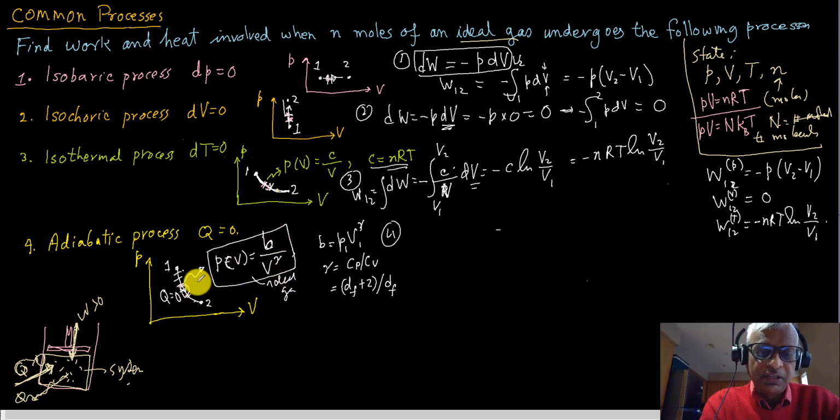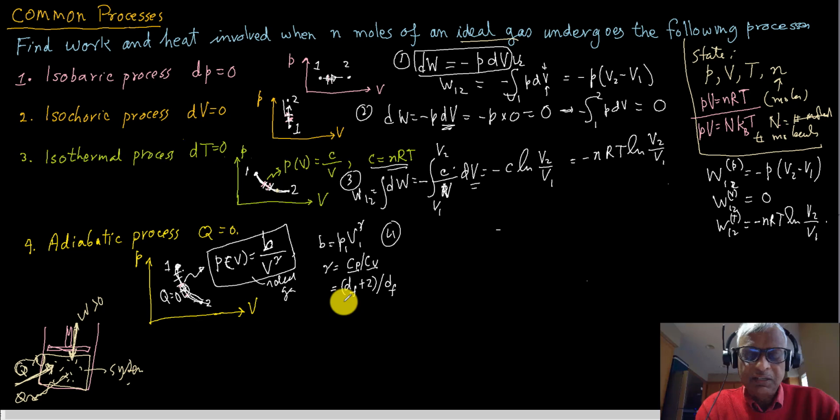So if I have an ideal gas and do an adiabatic process, its pressure and volume must be related by this, with some constant B that depends on where I started. And gamma is the ratio of Cp over Cv. Cp is the specific heat at constant pressure, and Cv is the specific heat at constant volume.